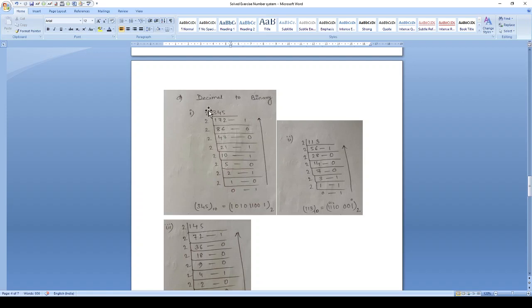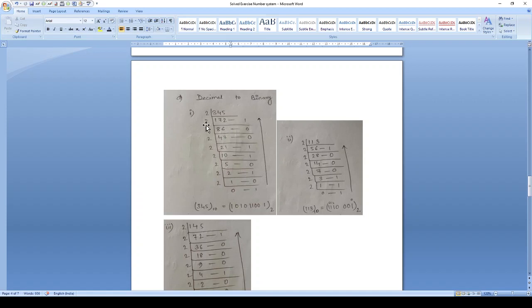It is 2. So we will divide 345 by 2. Go on dividing till you get a 0 and collect all the remainders on the right hand side. When you divide it by 2, you will get 172. The remainder is 1.